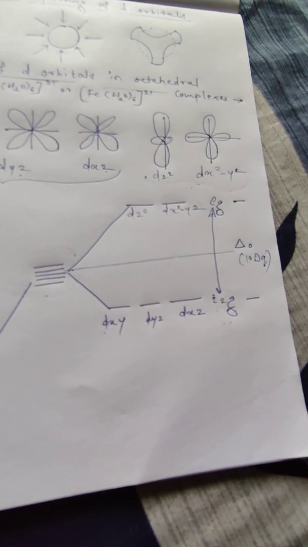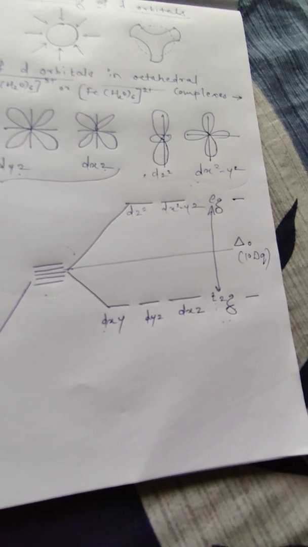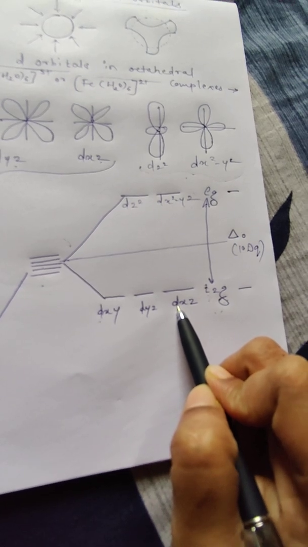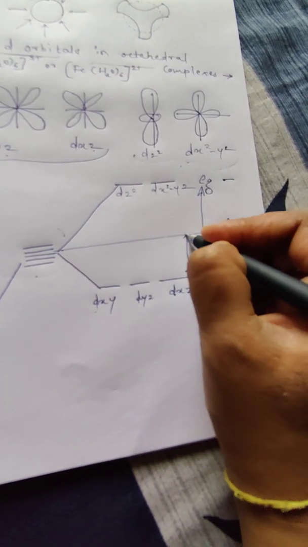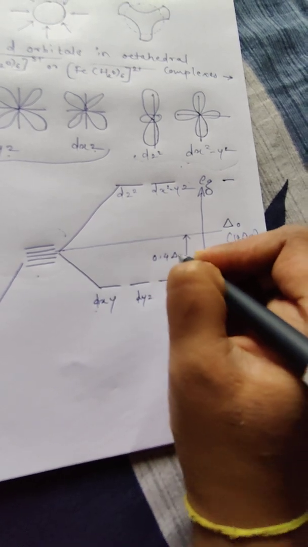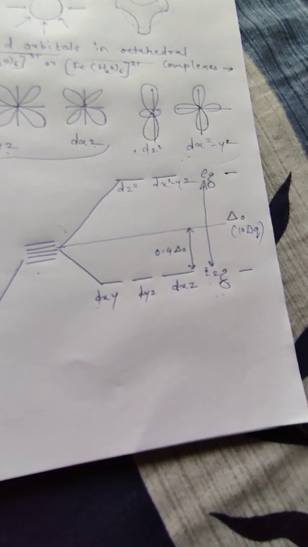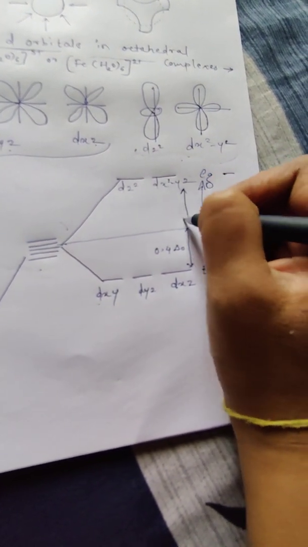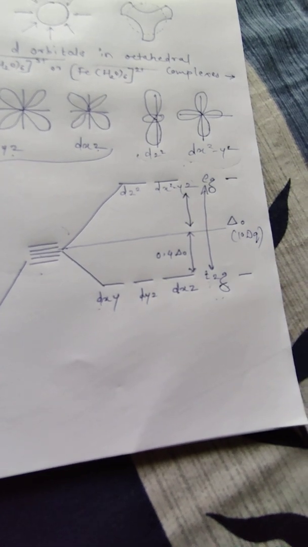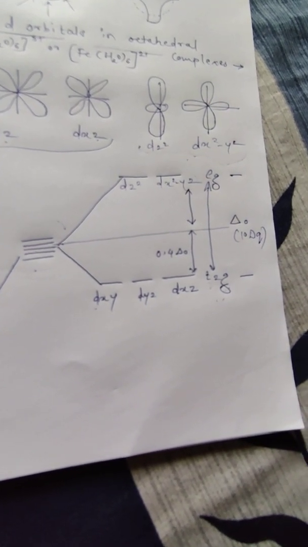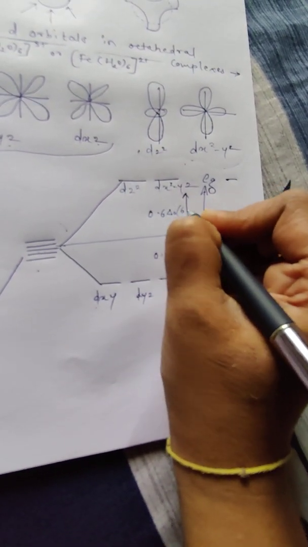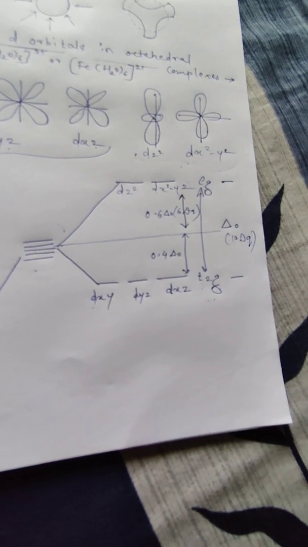Now each electron going into the T2g orbital stabilizes the complex by 0.4 delta O, or 4 Dq, and each electron going into the Eg orbital destabilizes the complex by 0.6 delta O, meaning 6 Dq. What is this stabilization or destabilization?